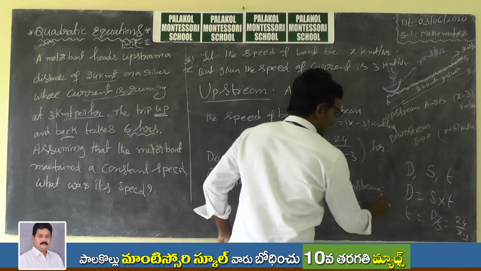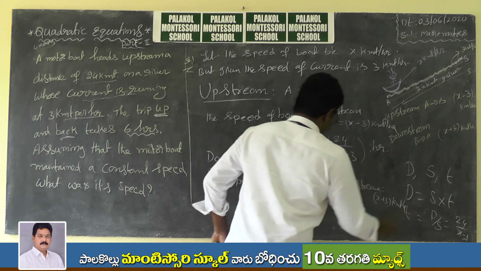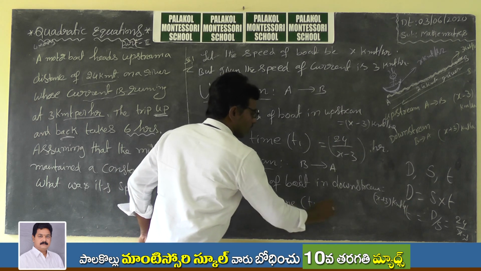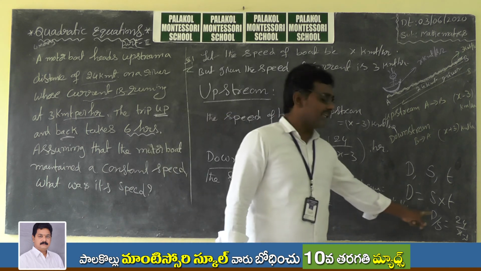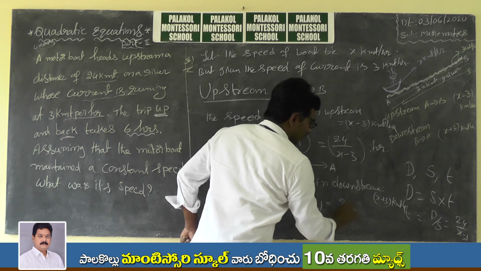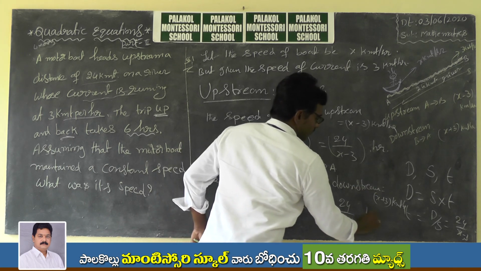That's why you write x plus 3 kilometers per hour. In that situation calculate the time. At that time you say T2 is called time. How to calculate? Distance by speed. How much distance here? 24, by x plus 3 hours.